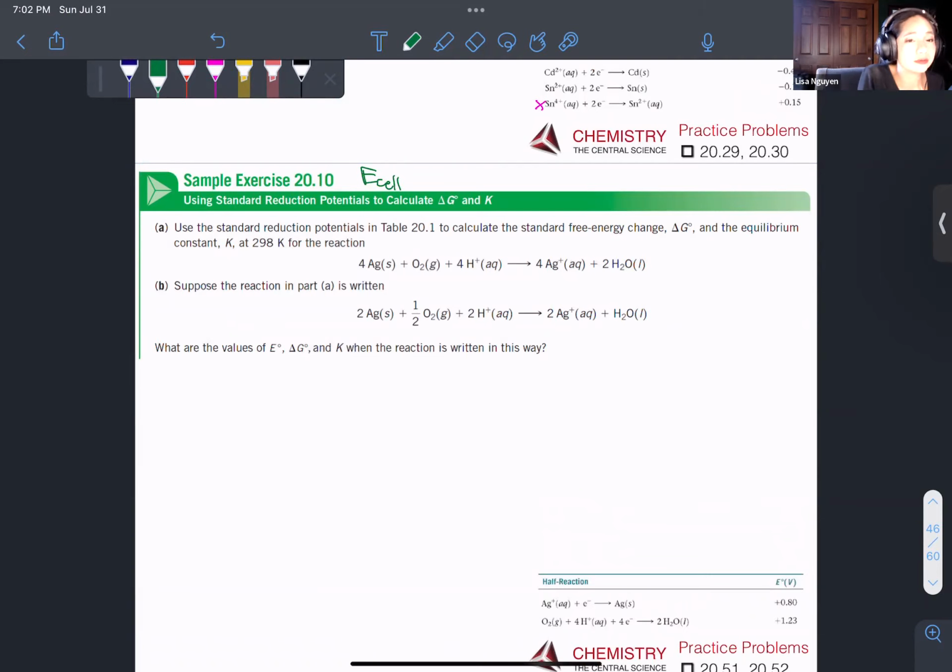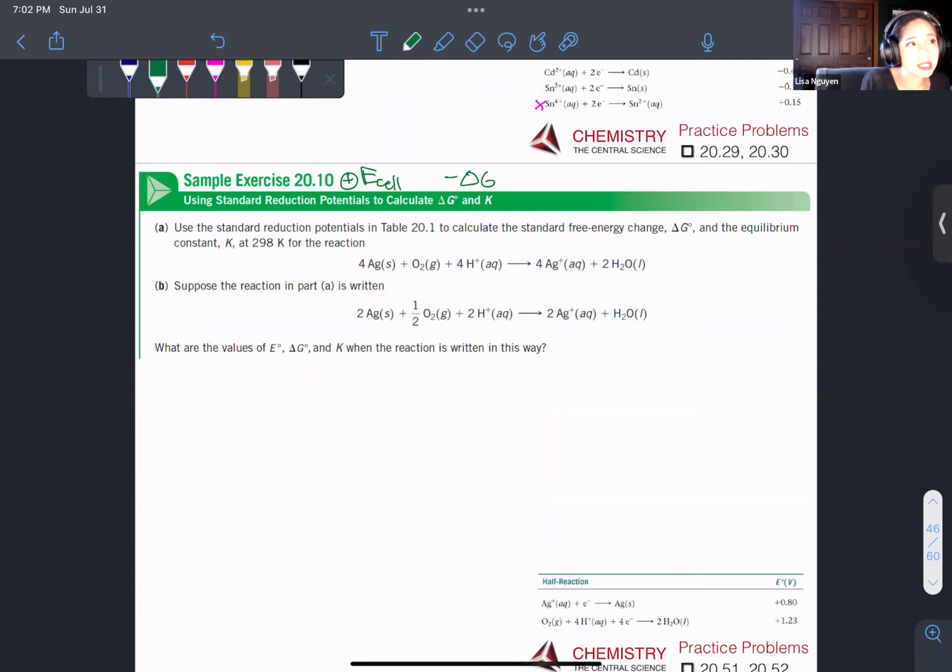I already kind of talked about this: a positive E cell value gives you a negative delta G value, because in chapter 16 we talked about negative Gibbs free energy. Those are spontaneous reactions, when free energy goes down, when your system becomes more stable in terms of energy or enthalpy and entropy.